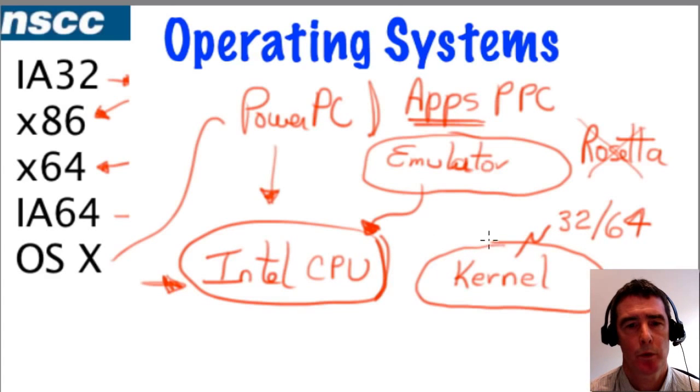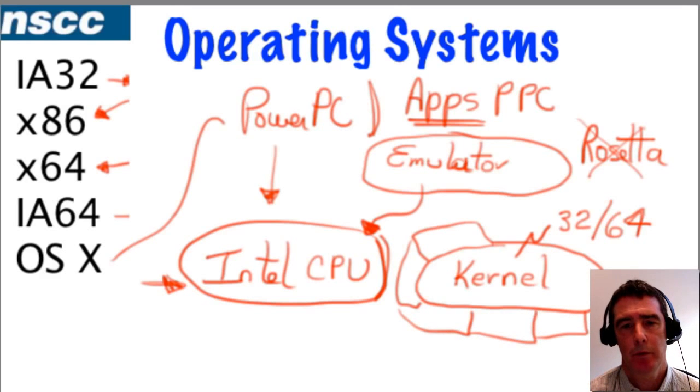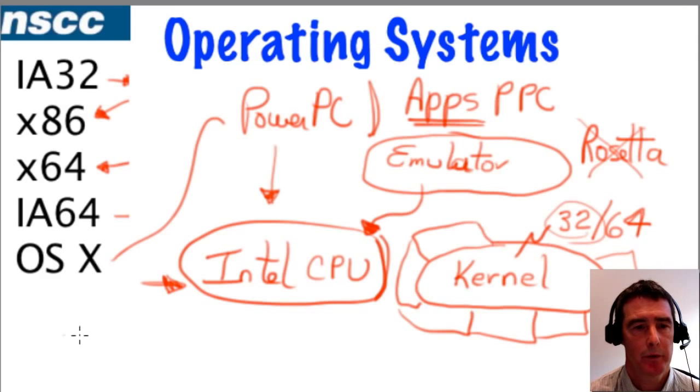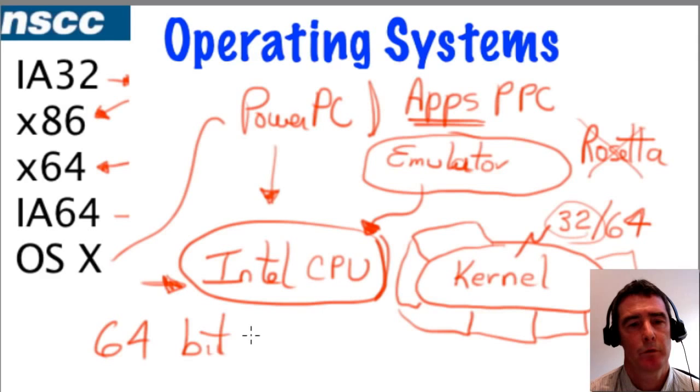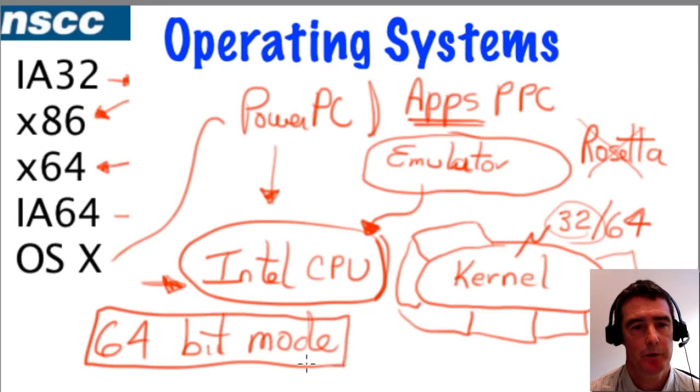It had what were called kernel extensions, which were like drivers, and they could be 32-bit or 64-bit, but for the most part, the 32 and the 64-bit is hidden from the user. In previous versions of OS X, the kernel ran in 32-bit mode, but starting in Mountain Lion, the kernel's written in full 64-bit mode, and gives you access to virtually as much RAM as the hardware will support.